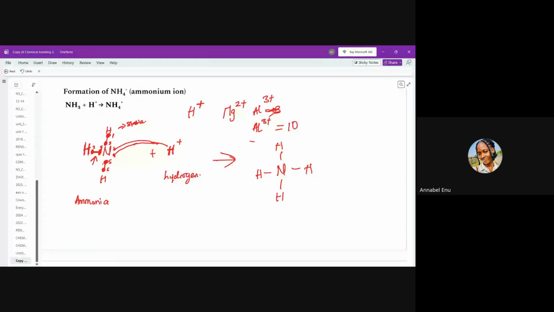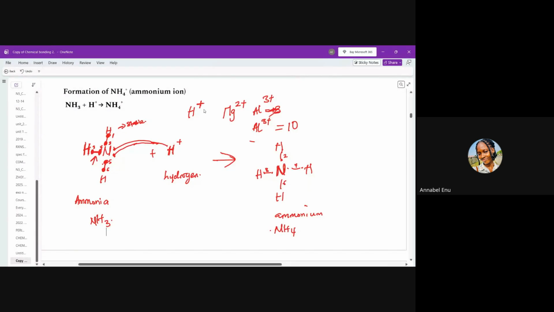So nitrogen, for example, has 2, 4, 6, 8 electrons bonded to it. That means it is stable. And hydrogen has 2 electrons in its bond, which makes it also stable. So this is ammonium. Ammonium is NH4. Ammonia is NH3.